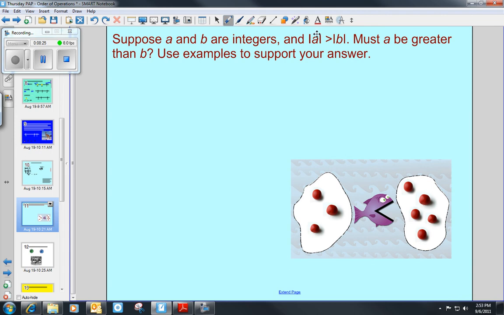Must the variable a be worth a number that's greater than the value of variable b if the absolute value of a is greater than the absolute value of b? Use examples to support your answer. So write out some hypothetical equations to support what you're saying, if it does or if it does not have to be greater.